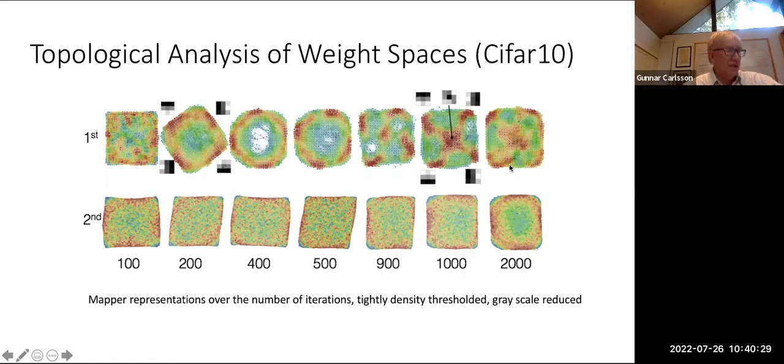Now the second layer, you can see, it's random, and it kind of stays random for a while, for 100, 200, even 400 iterations. But now at 500 and 900 iterations, you can see that as that primary circle in the first layer is degrading, you're starting to see some concentration around the boundary in the second layer.